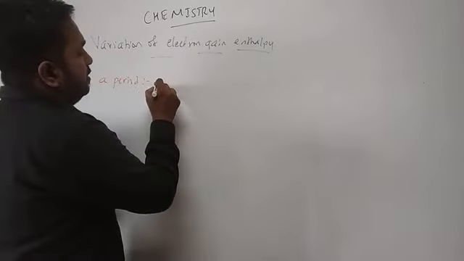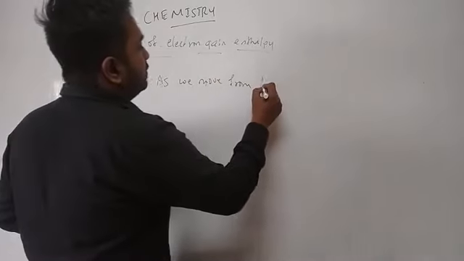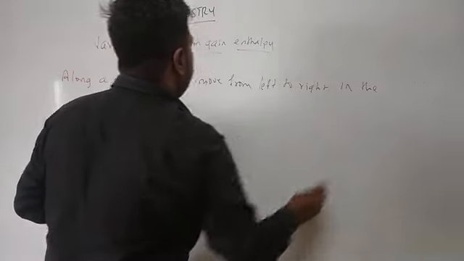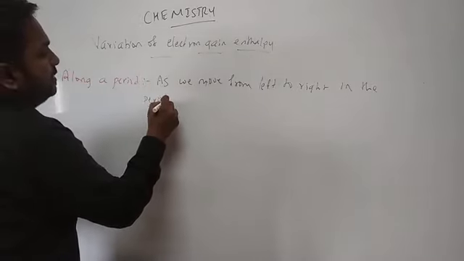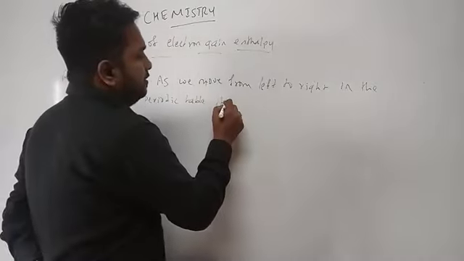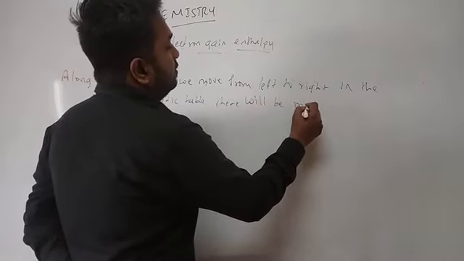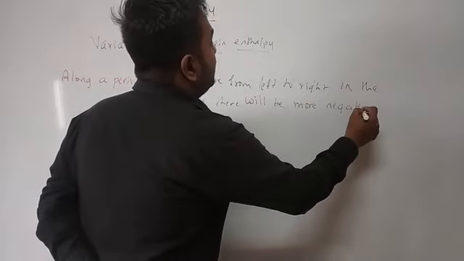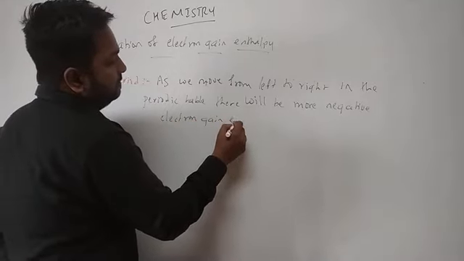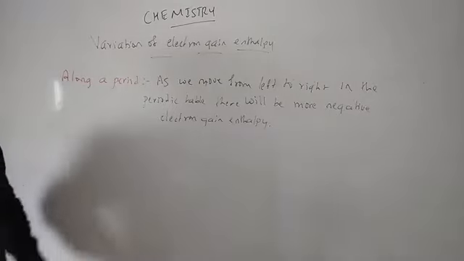As we move from left to right in the periodic table, there will be more negative electron gain enthalpy, except for the noble gases.